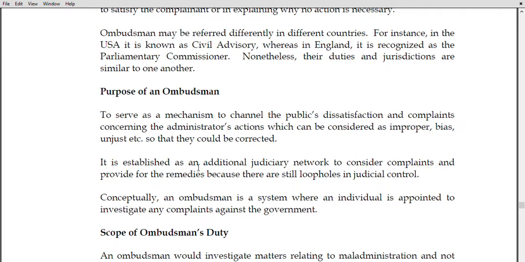It is established as an additional judiciary network to consider complaints and provide remedies because there are still loopholes in judicial control. And the ombudsman is a system where an individual is appointed to investigate any complaints against the government. Why government? Because government is a part of the administrator.